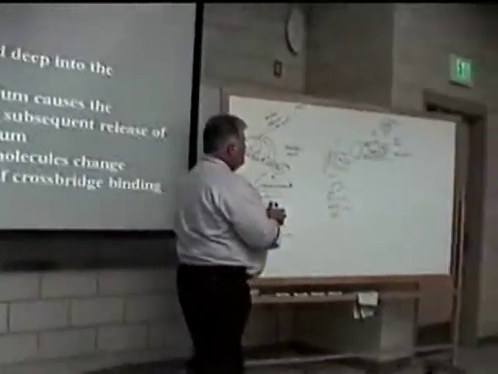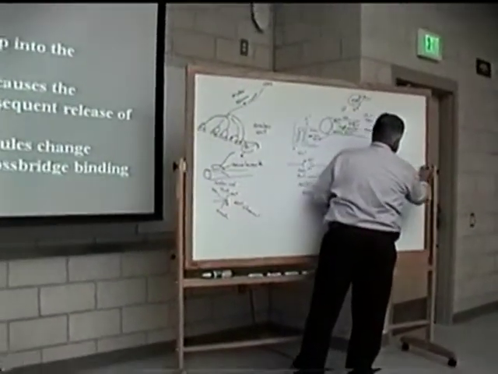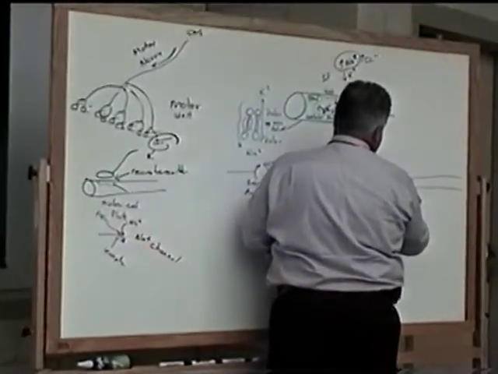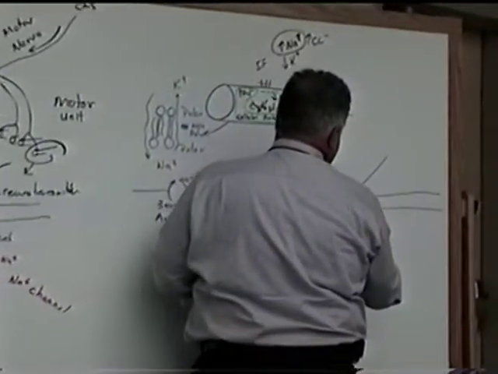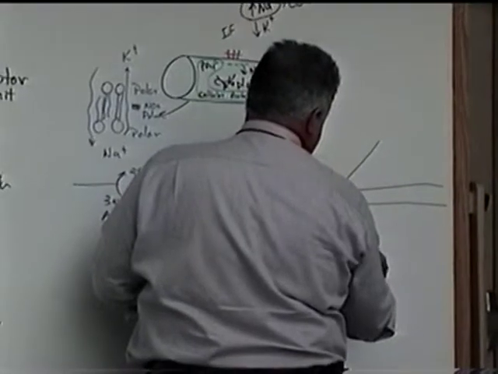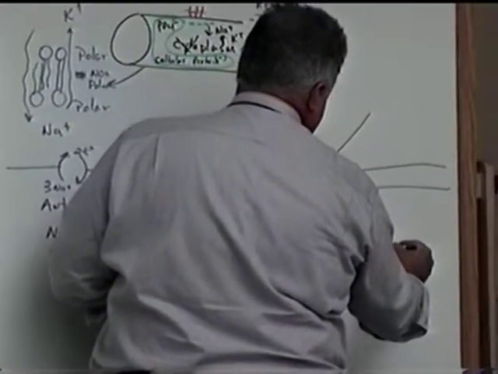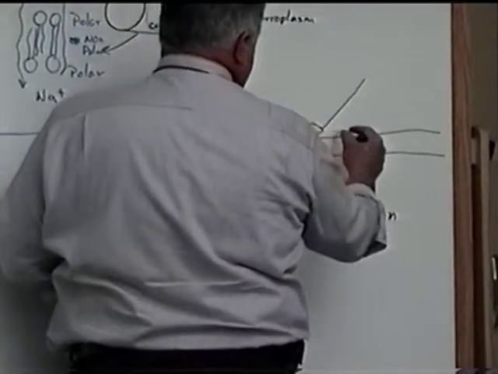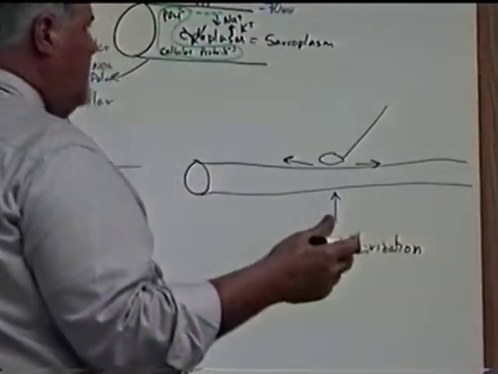So what we have is a really long muscle cell. And at one point along this muscle cell, we have this neuromuscular junction. And if we can initiate a depolarization event here, then eventually the depolarization can travel in both directions from where this neuromuscular junction is.